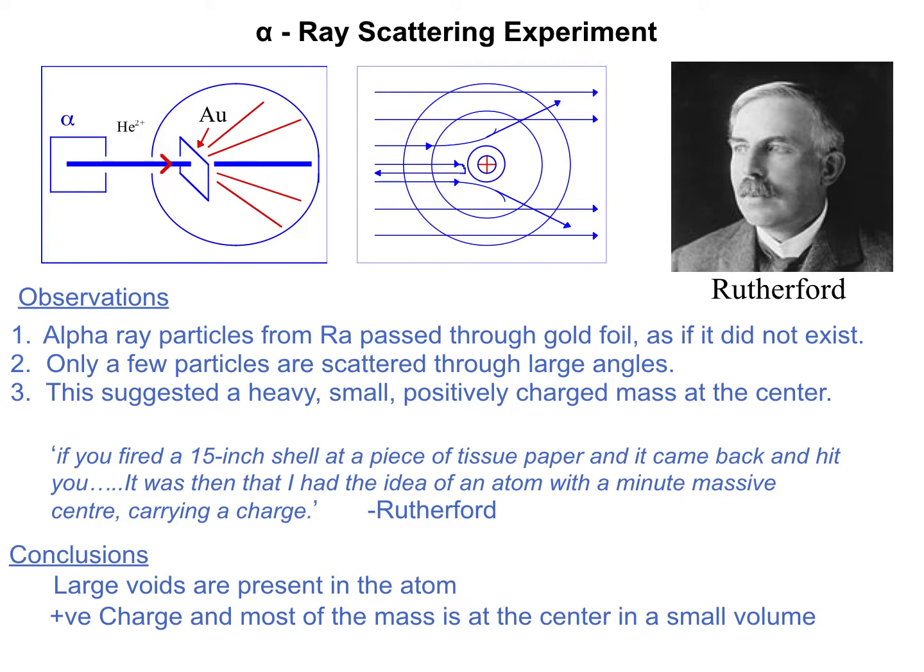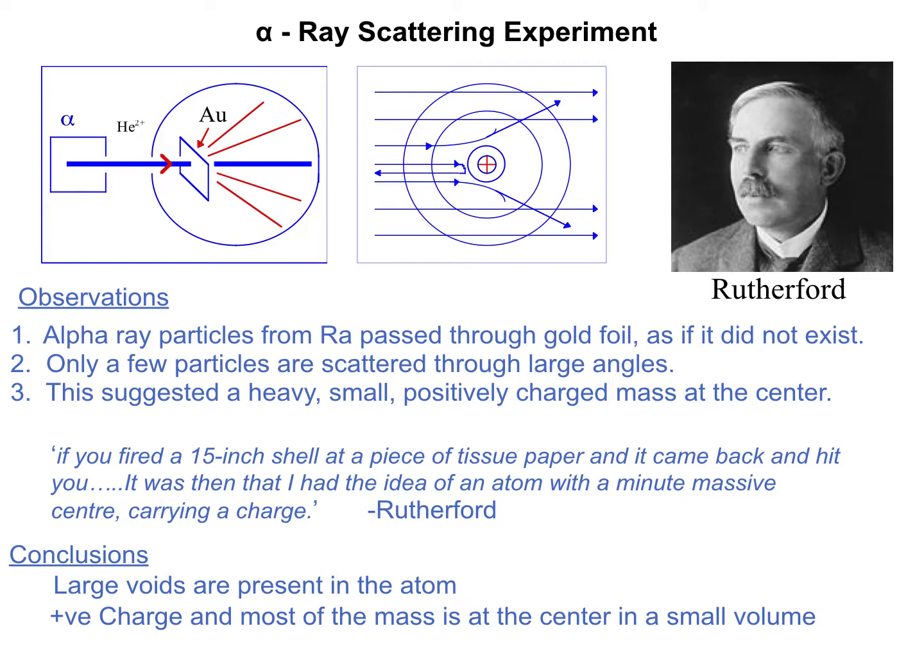Because there is nothing stopping the positively charged particle until it actually hits dead on with the center of the atom. Then the recoil is so massive that the particle bounced back, as if a 15-inch shell was fired at tissue paper and bounced right back and hit you. That means the center has to be very massive and should have the same charge as the particle.